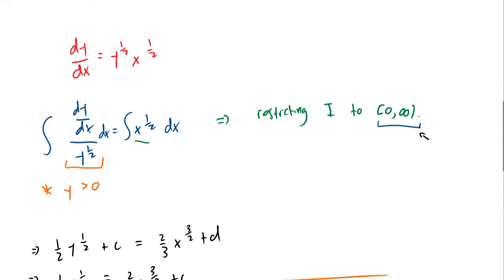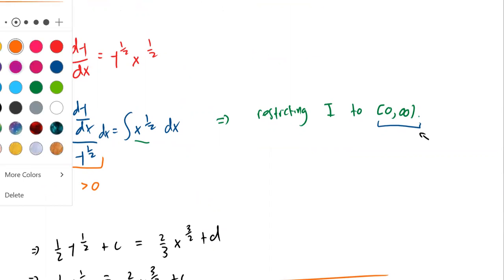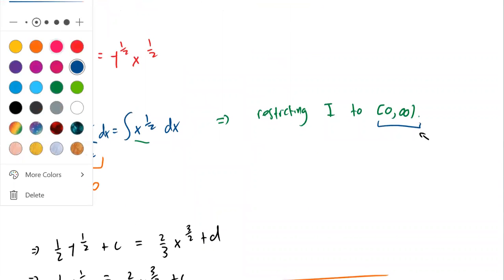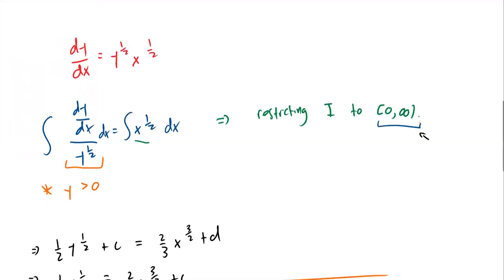Instead, I'm going to go back to the original one. So in the original differential equation, what do I have here? Well, I have that I'm taking the square root of y. So this also restricts y. It's a smaller condition than this one, but it's telling you that y has to be greater than or equal to 0.